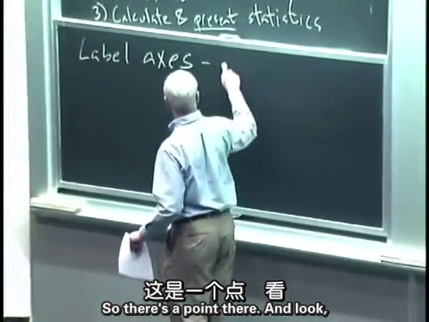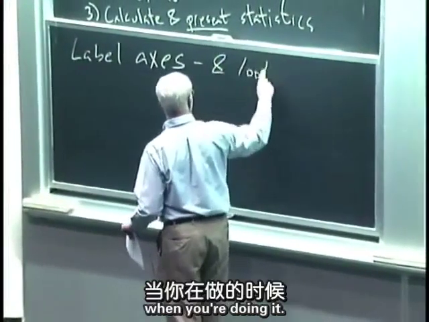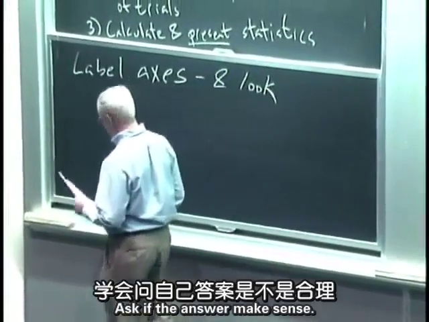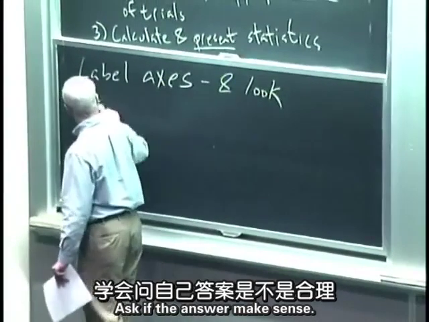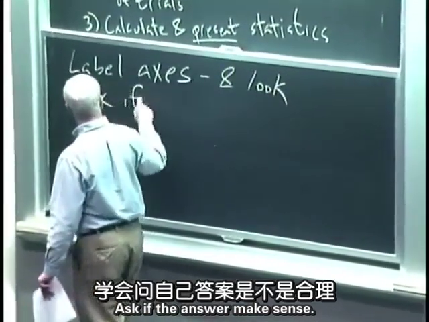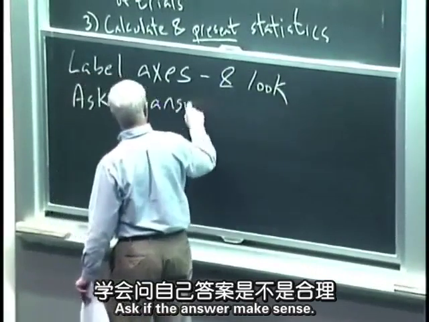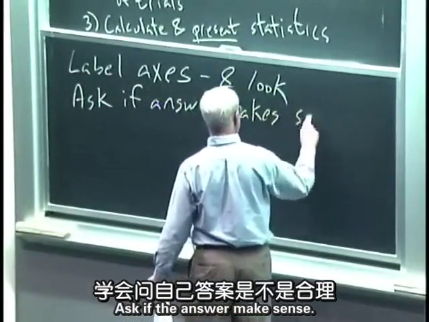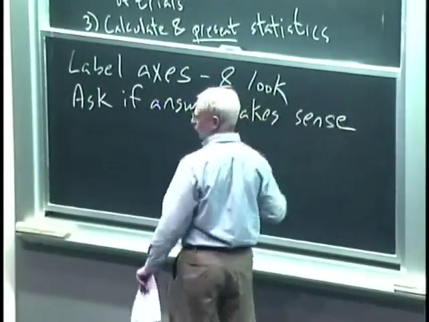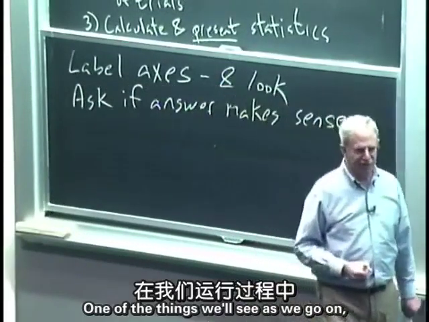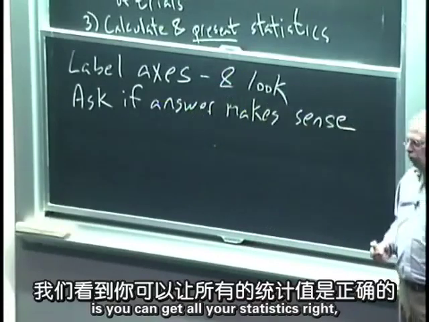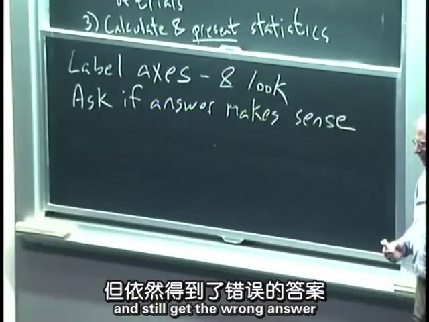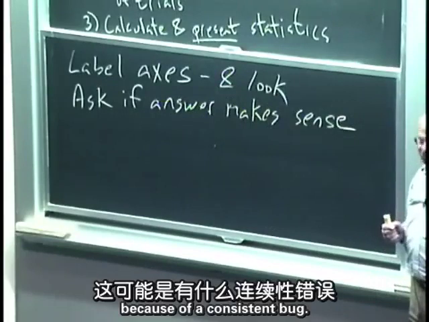And look when you're doing it. Ask if the answer makes sense. One of the things we'll see as we go on is you can get all your statistics right and still get the wrong answer because of a consistent bug.